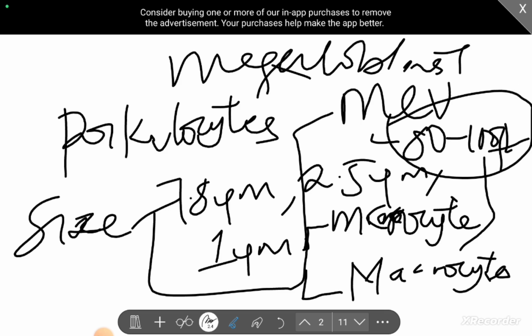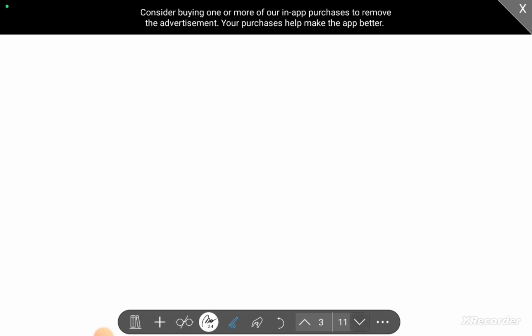Okay. Now, we've talked about the shape, we've talked about the size and the variations that exist in that regard. Now let's look at the normal structure of a red blood cell.